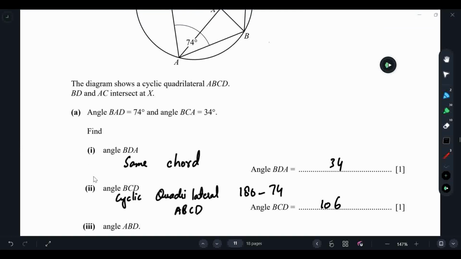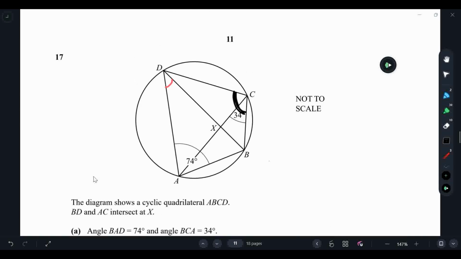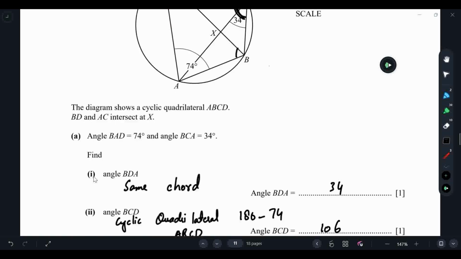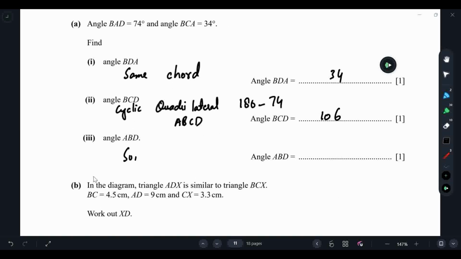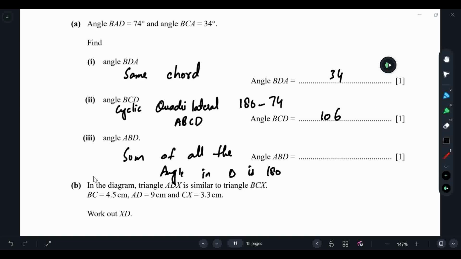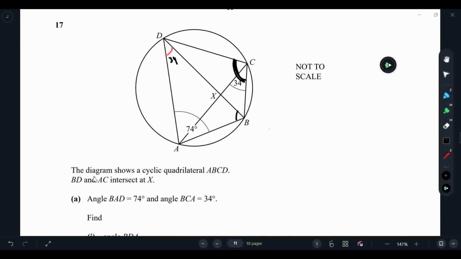Now angle ABD, this angle is 34, angle ABD. We know that the sum of all the angles in a triangle is 180 degrees. Hence we can say that this angle is of 74, so we can easily find out the angle x.